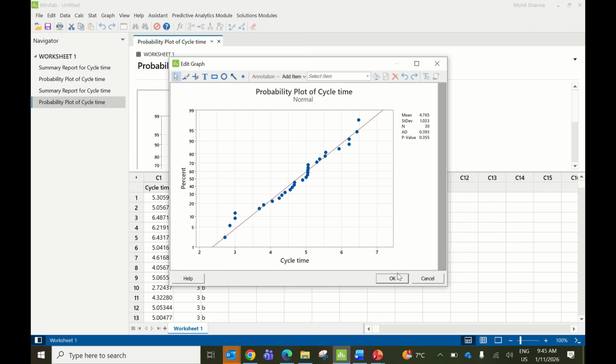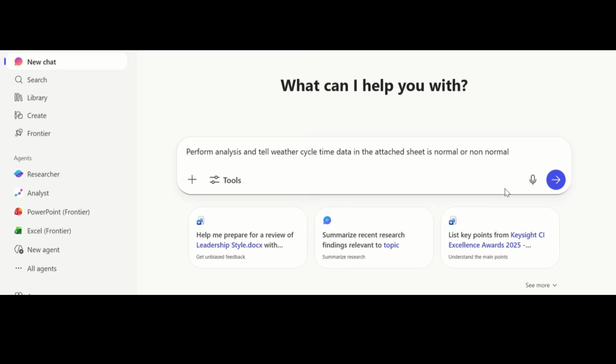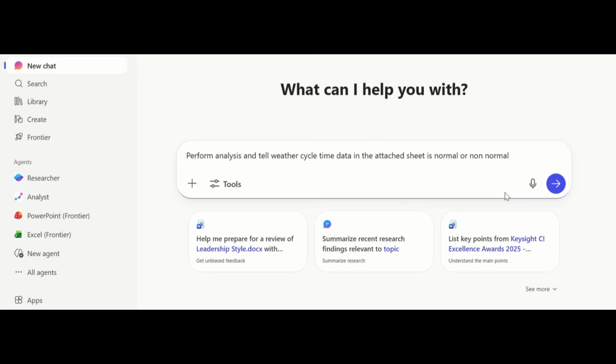So let us go to Copilot and see how this function is done. So I am going to write a question which says perform the analysis and tell whether cycle time data in the attached sheet is normal or non-normal. So let's see how it goes. I am going to attach that sheet here.